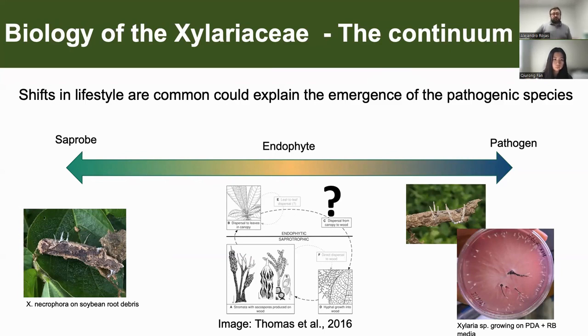This is coming from research that has been done mainly in forests, especially in the tropics, where Xylaria produces spores that colonize leaf tissue and survive in the leaf, and then when the leaf falls on the ground, it starts colonizing the litter again and producing structures that keep this cycle going. So we don't actually know how Xylaria necrophora is surviving in the field in an endophytic stage. How is Xylaria moving from one soybean season to the next, or how is it surviving in the field?